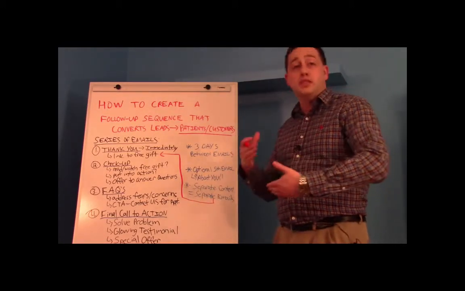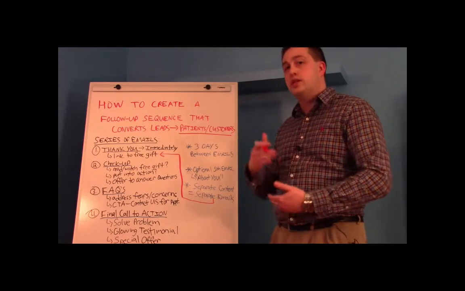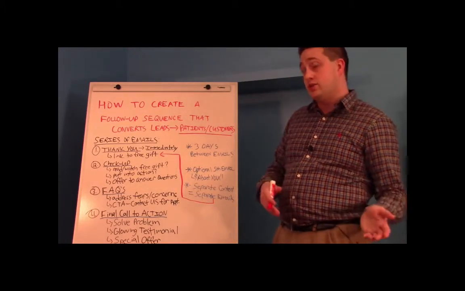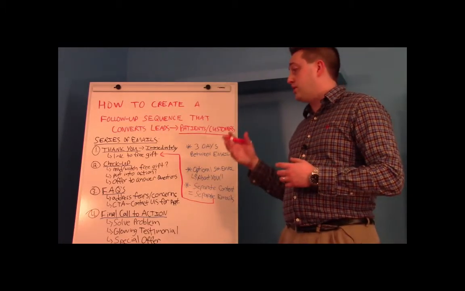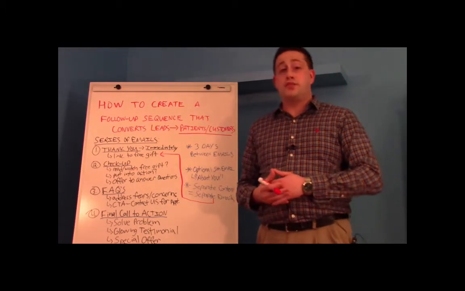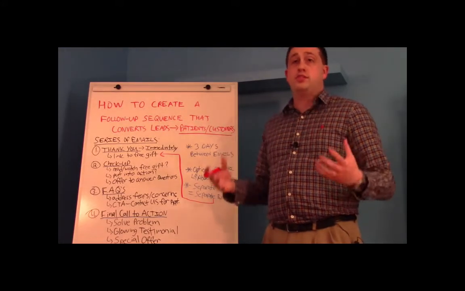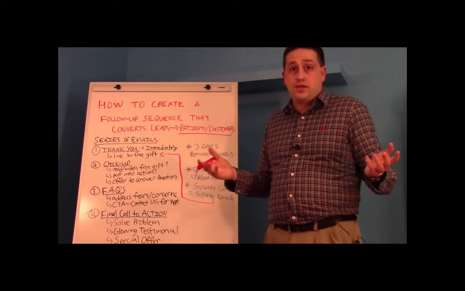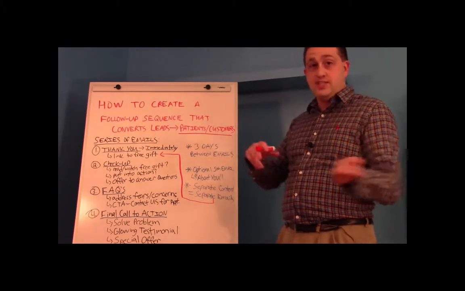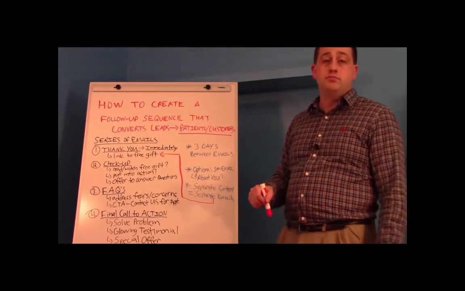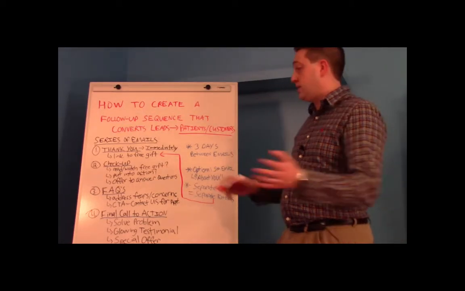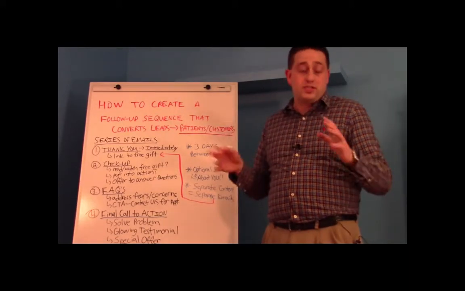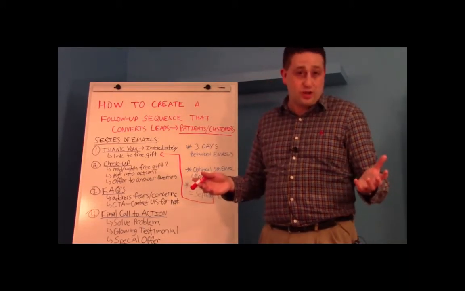They're still getting to know you, getting to like you, getting to trust you, and if you're hitting them up every single day with emails, with text messages, you're going to alienate probably a significant portion of them. Your unsubscribe rate is really going to jump up, and so naturally that means the number of leads that turn into patients is going to go down. So you don't want to be sending out messages too often, which typically a daily basis is considered too often.